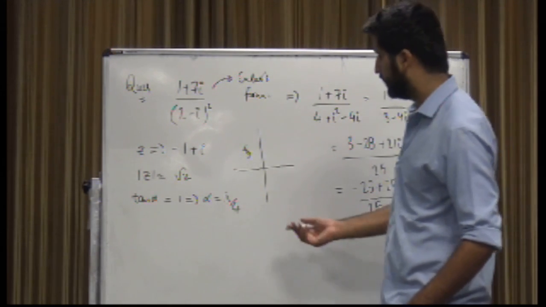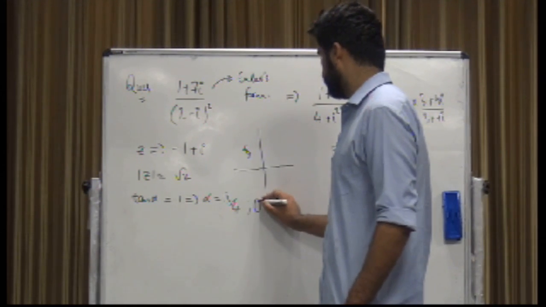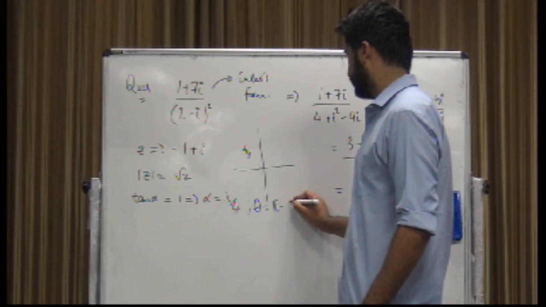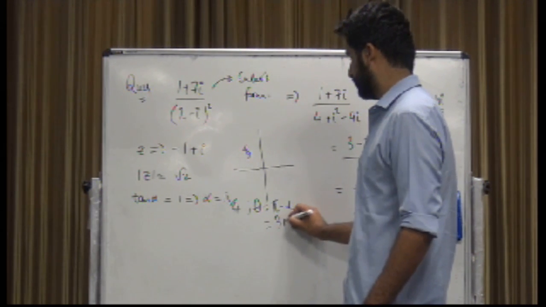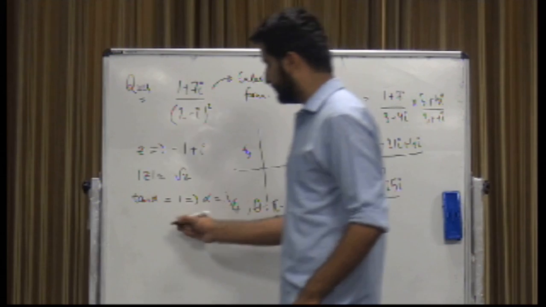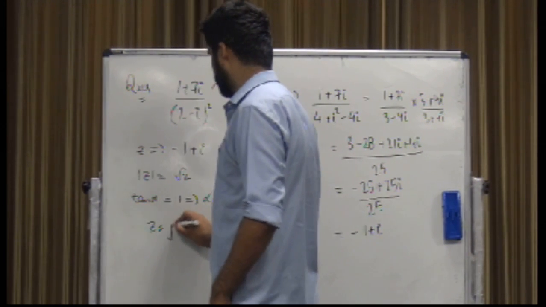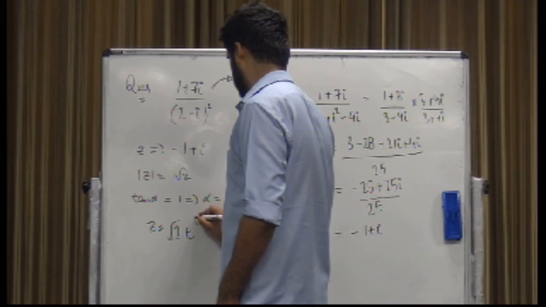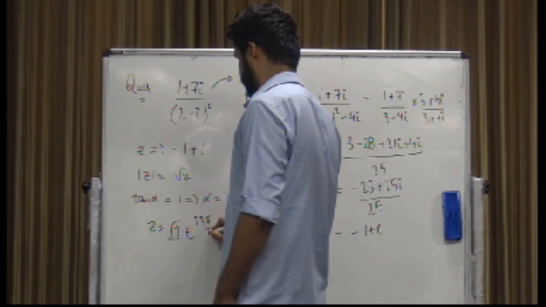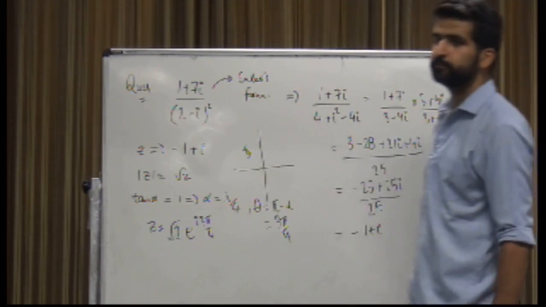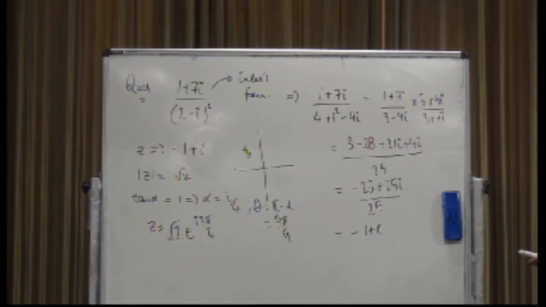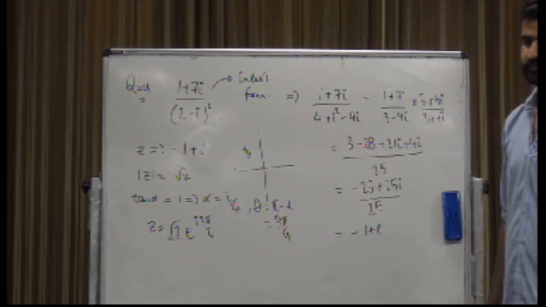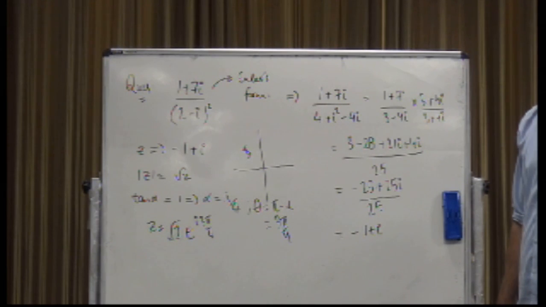Second quadrant. Then theta will be equal to pi minus pi by 4. So in Euler's form this can be written as root 2 e to the power iota 3 pi by 4. Yeah. Okay, good. Understood?